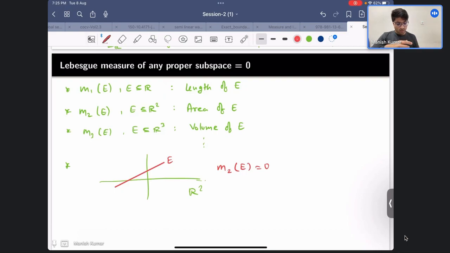In terms of area, it has measure 0. Its size in terms of area is 0. Lengthwise, it has some measure. So if you calculate m1 of E, this is obviously non-zero, but m2 of E is 0. So this is what it means.